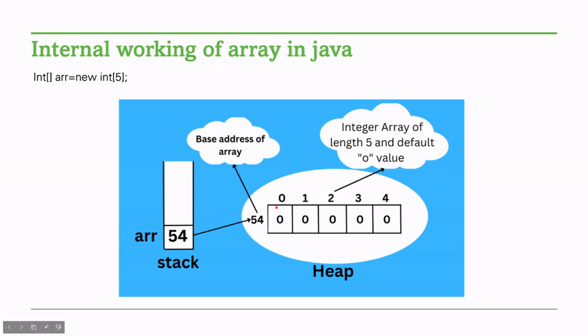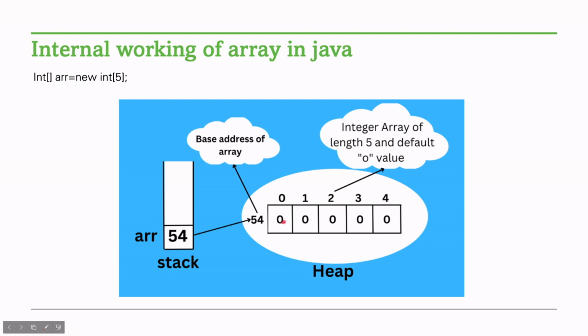And now let us understand what the value 0 written inside this block is. Whenever you create an array, it will be assigned the default value of the data type. Here I have an integer data type, so the default value of integer is 0. If you have not assigned values in an array, then the default value will be assigned.